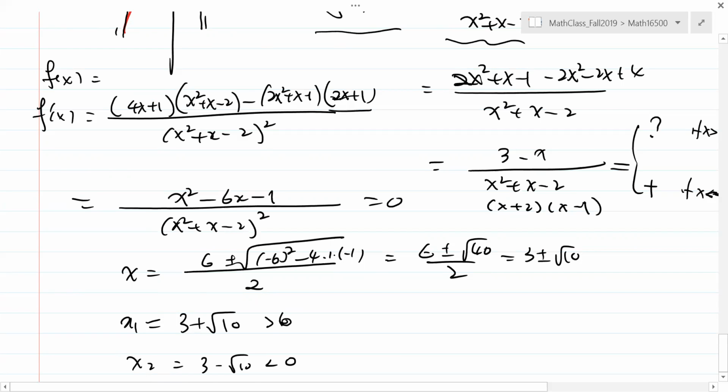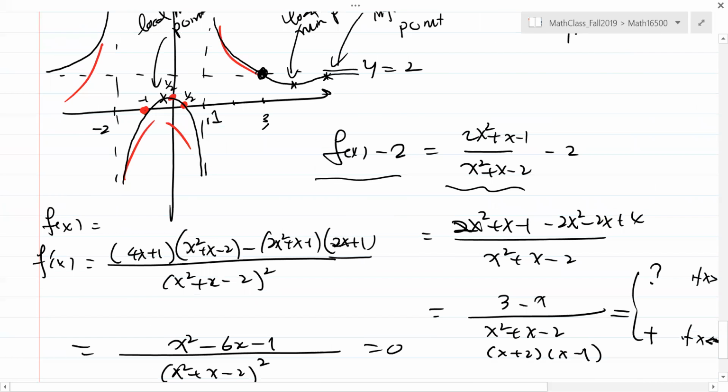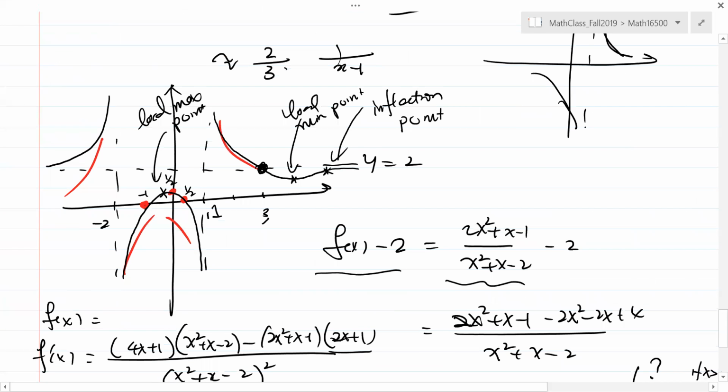Okay, let's go back to the picture. Should be greater than 6. Where is 6? Somewhere here. Okay, the corresponding number will be 3 plus square root 10. This number will be 3 minus square root 10. Yeah, that matches the graph. Okay.